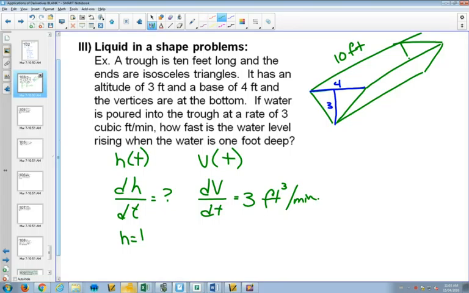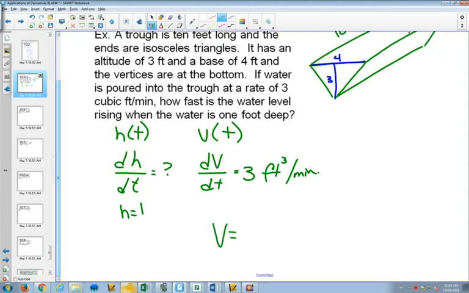So as far as creating that formula, well, it's going to be the area of your triangle, which is base times height divided by 2, times the length of your triangle. In this case, our length is always 10. Now, the reason I didn't put in values for base and height, even though we've got the base of our triangle is 4 and our height is 3, well, we don't know if the trough is completely full.